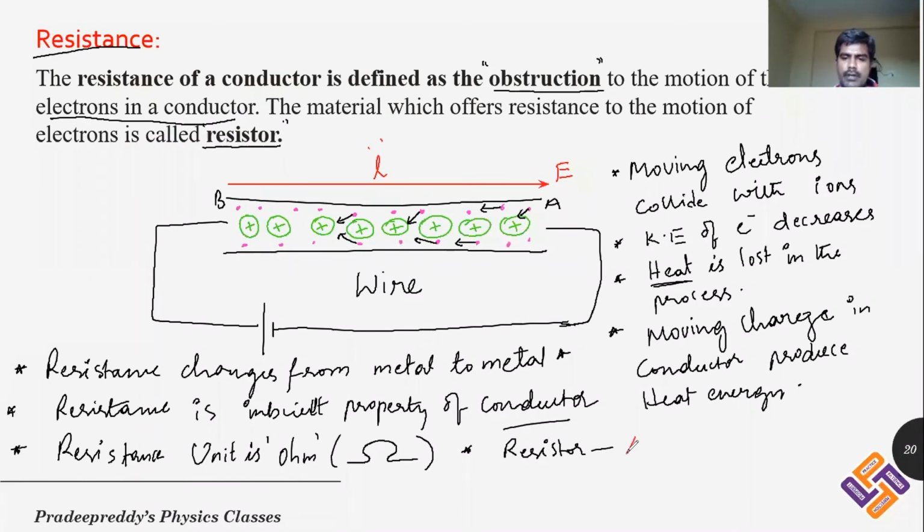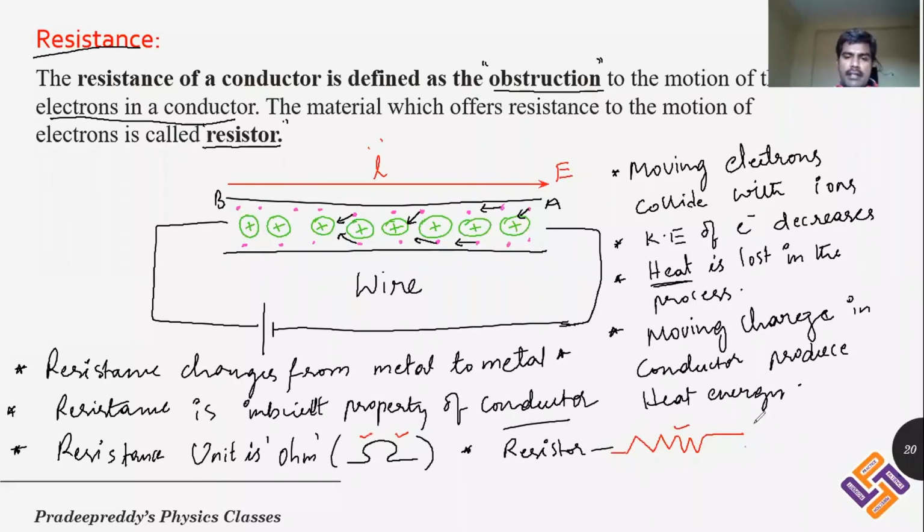A resistor is nothing but any conductor which offers a greater value of opposition to the free flow of electrons. That particular component is known as a resistor. The symbol of a resistor is this, and the unit of resistance is ohm, denoted with this symbol.